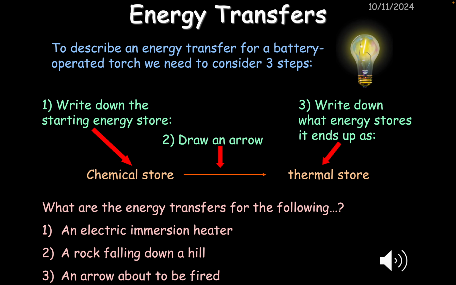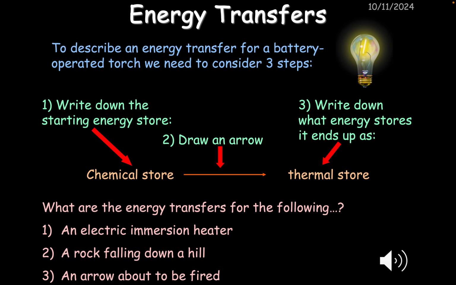Say you want to heat up ice and convert it into water, so you could do that. Or an electrical immersion heater is a heater in a kettle if you want to boil water. Okay, and then a rock falling down a hill would be the second example.